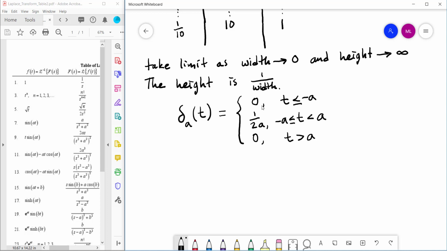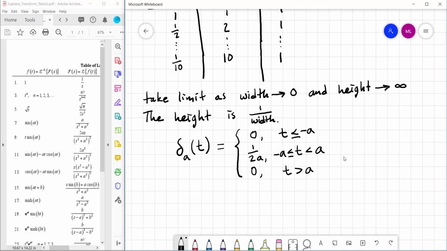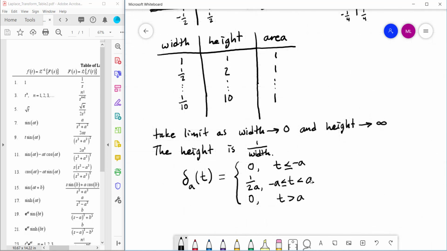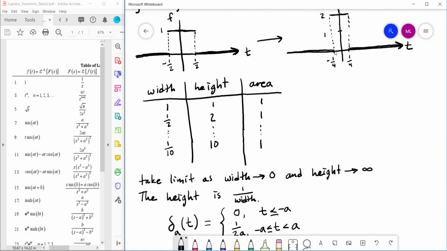But the idea here is a more careful version of what we outlined above. It's 0 away from the center, and at the center, if I'm calling this point right here a, in this case it was 1/4, here it was 1/2. I'm picking a value of a such that the total height of this thing isn't just 1 over a, it's 1 over 2a, because the total width, you'll recall, is 2a.